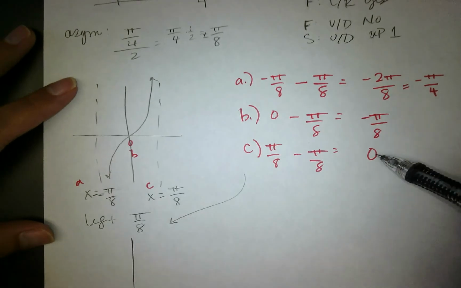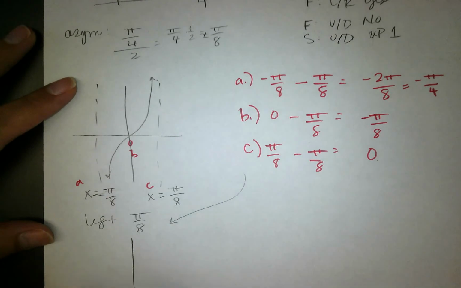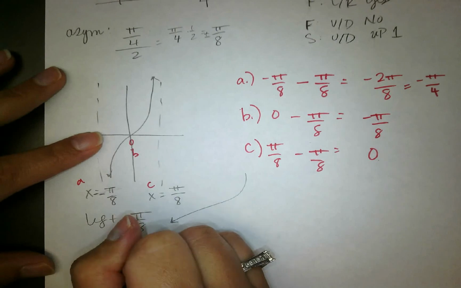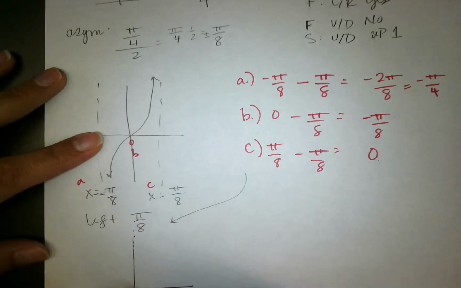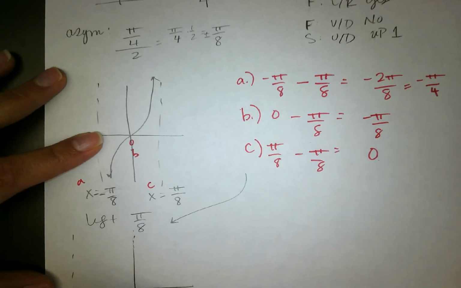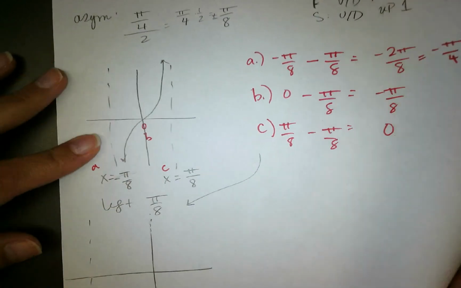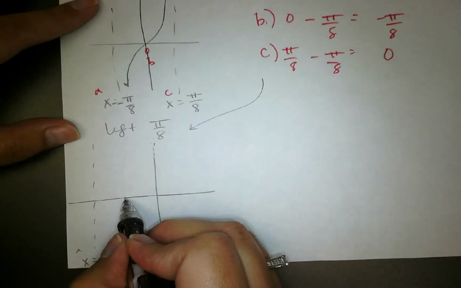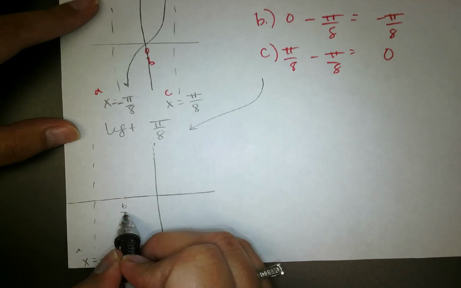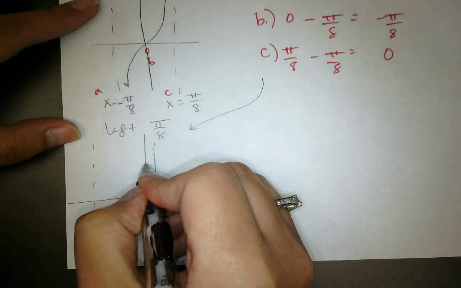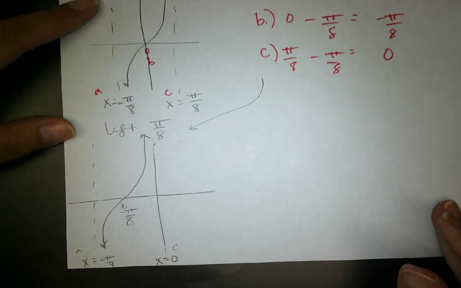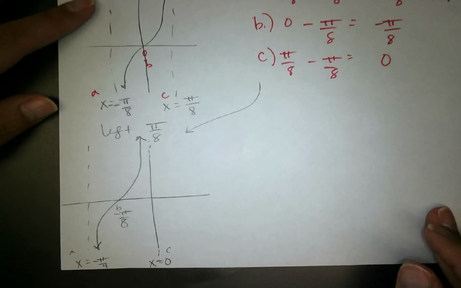So we're going to be on the negative side, and just 0. So my graph is over here. X equals 0. X equals negative pi over 4, or negative 2 pi over 8. It's up to you. There's my A, my C, and my B is negative pi over 8. There's my shift. There's my asymptotes. So it's left pi over 8.